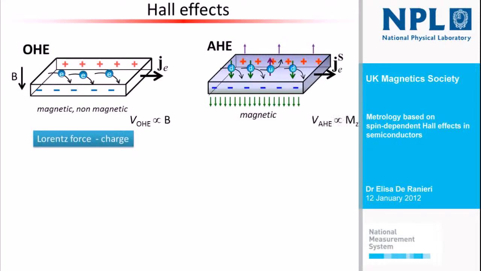And you build up again a voltage, which in this case is proportional to the local magnetization. You build up this voltage again because you have an imbalance in the population of the two spin subbands. And this is due not to the Lorentz force, but to spin-orbit coupling, which acts on the spin of the carriers.